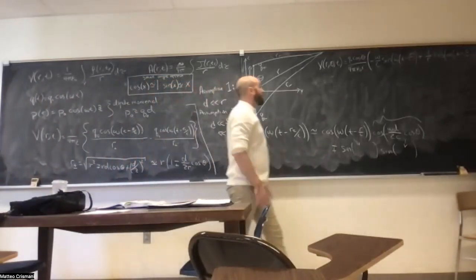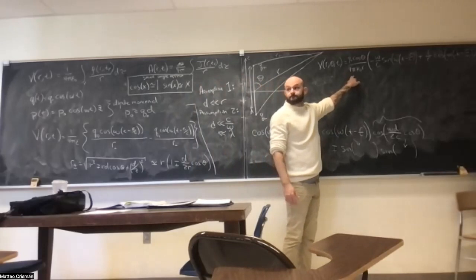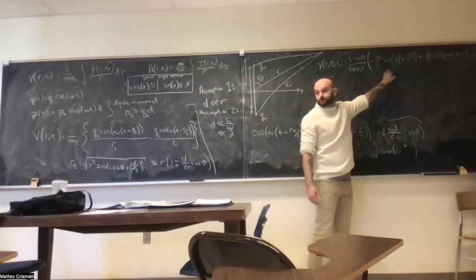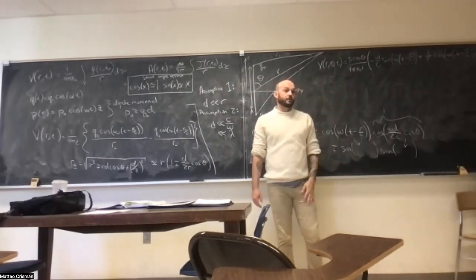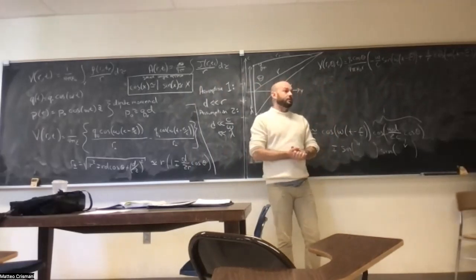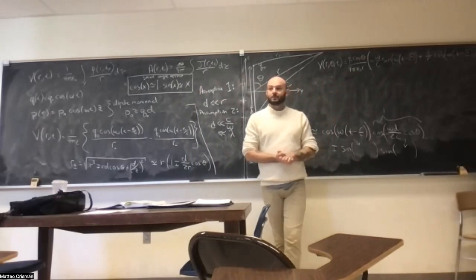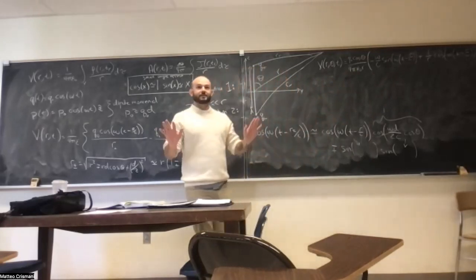You just get the 1 over r, and then the 1 over r goes here, right? This first term disappears, and this thing becomes p cosine theta over r squared. And that was our original V for a dipole. Okay, so we did do it right, mostly.